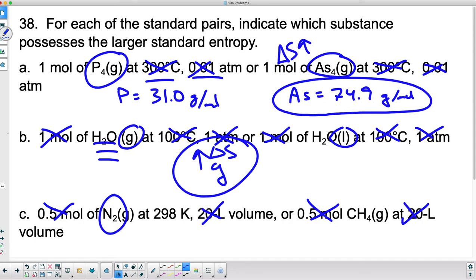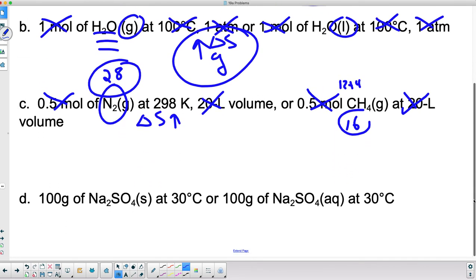N2 here is 14 times 2 is 28, and CH4 is 12 plus 4 is 16. So a higher mass looks like it's going to be this one here with the higher delta S. I think there's more to this though, isn't there? Let's keep going.